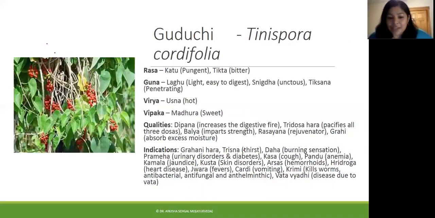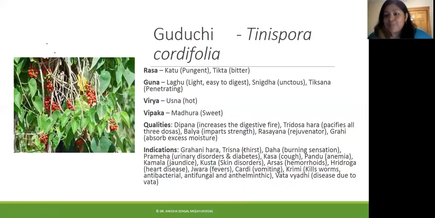That's why they have indicated specifically here that it is used in daha. It is used when someone is suffering from burning sensation, when someone is suffering from thirst, or when that is either a premonitory sign or symptom or a symptom associated with a specific disease. This works really well in that, okay?